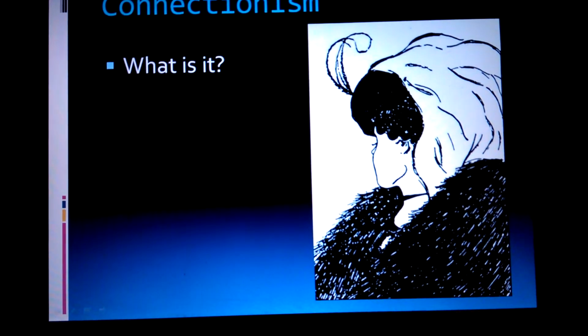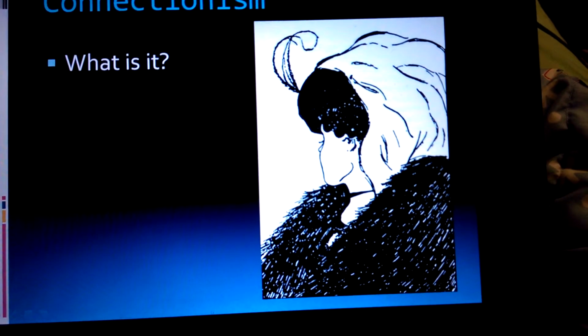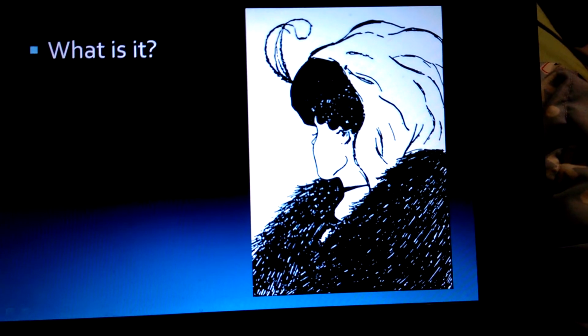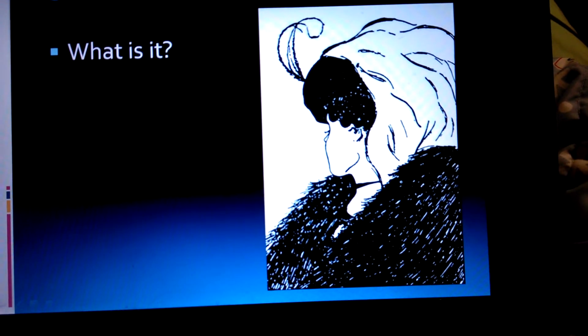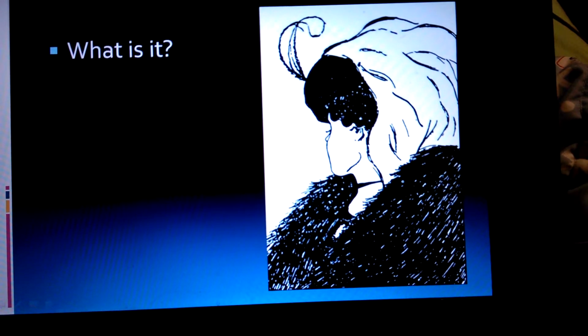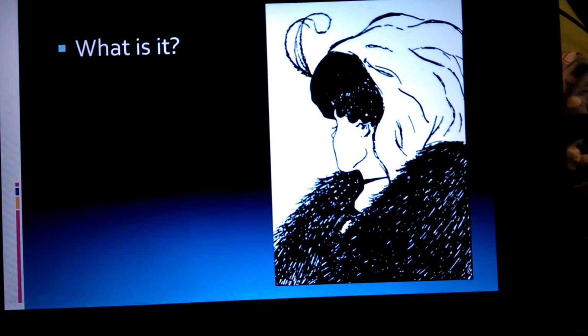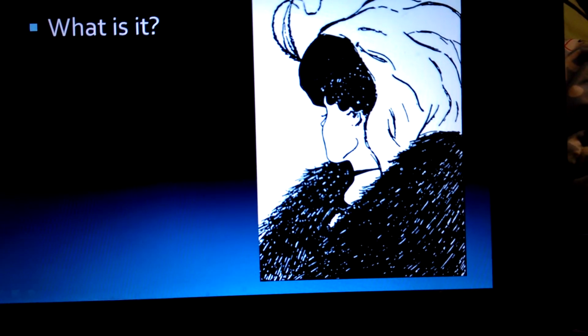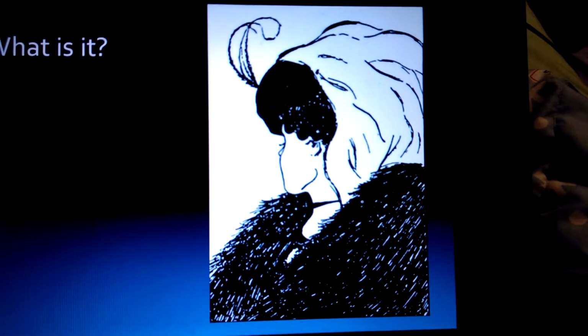You can see two possibilities in the figure if you look closely. From far away, I think most people see, or at least I see, a young lady looking towards her back, and she's wearing a tight necklace and a feather boa, and she has a feather in her hair, and she's wearing a scarf on her head. But if you look really closely and you zoom in, you can change that to a different view, and you can see an old woman looking down.